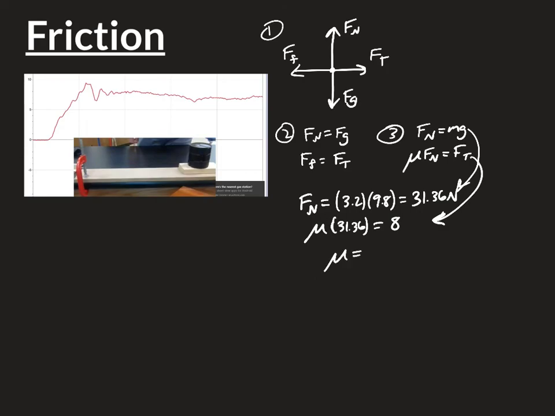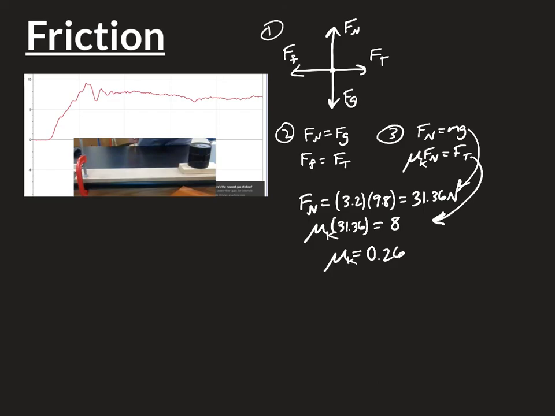So if I solve for that coefficient, it's 8 divided by 31.36, and you get a coefficient of 0.26. And again, I should notate this is kinetic friction, so this is when it's actually sliding.